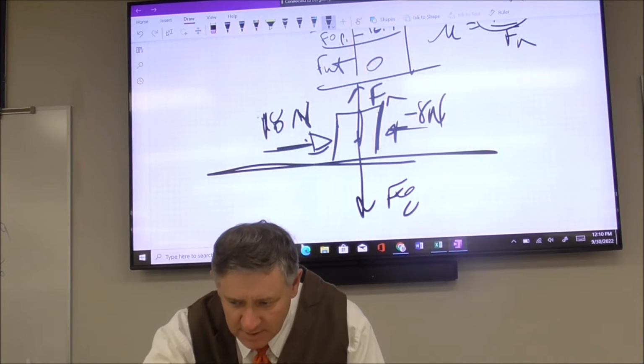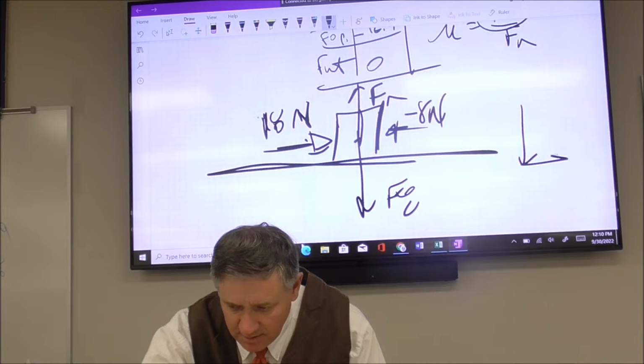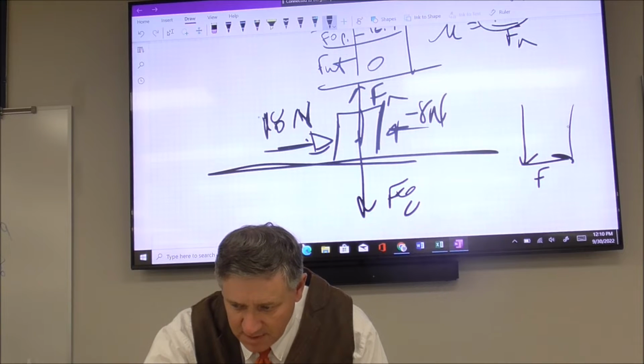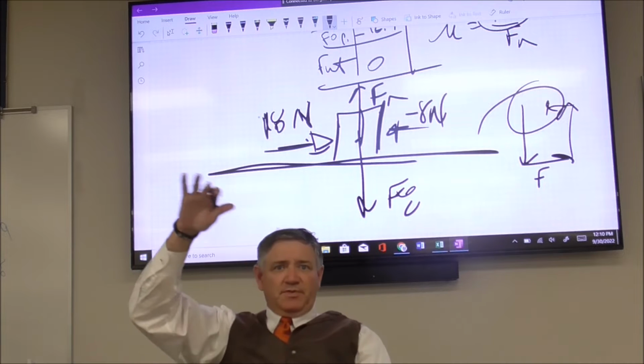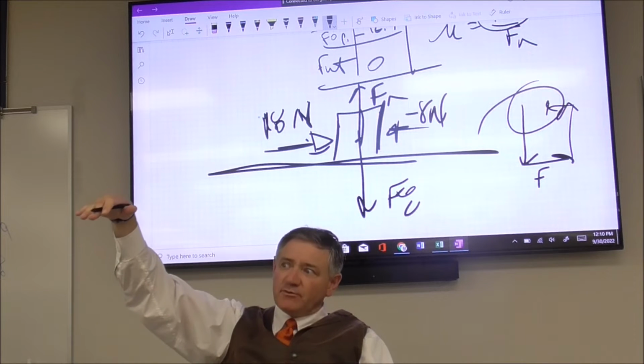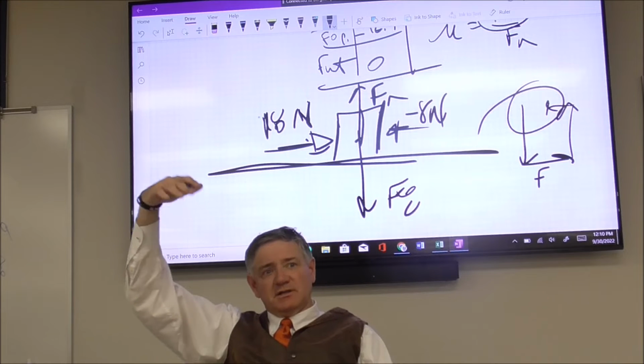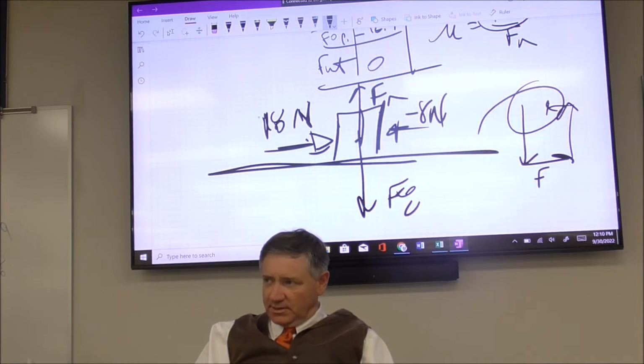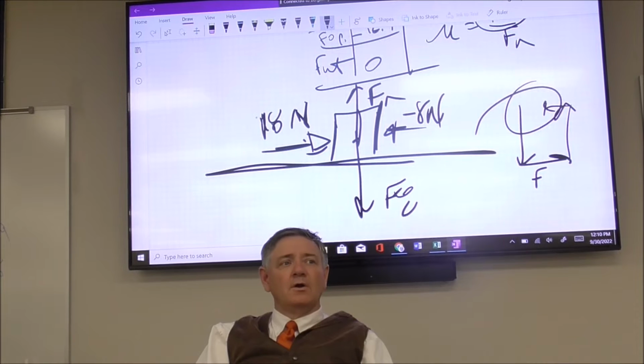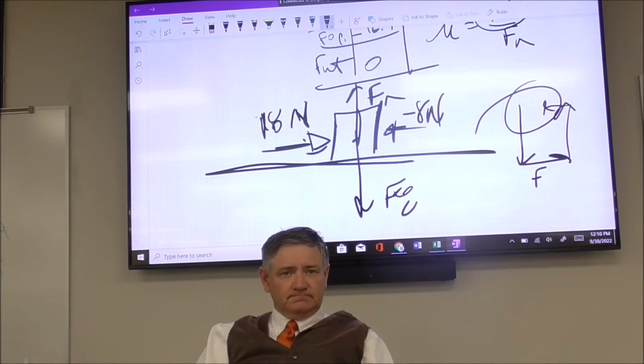Then draw them tip to tail: FG, force applied, force normal, force friction, and you should end up with a gap. That gap is your net force. Make sure you draw in that result, because that's fundamentally what's going to make this thing accelerate. Cool with that?